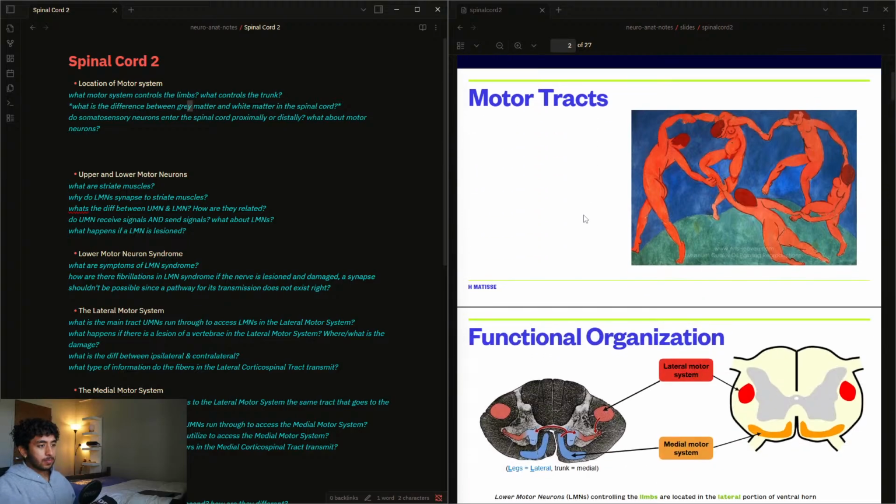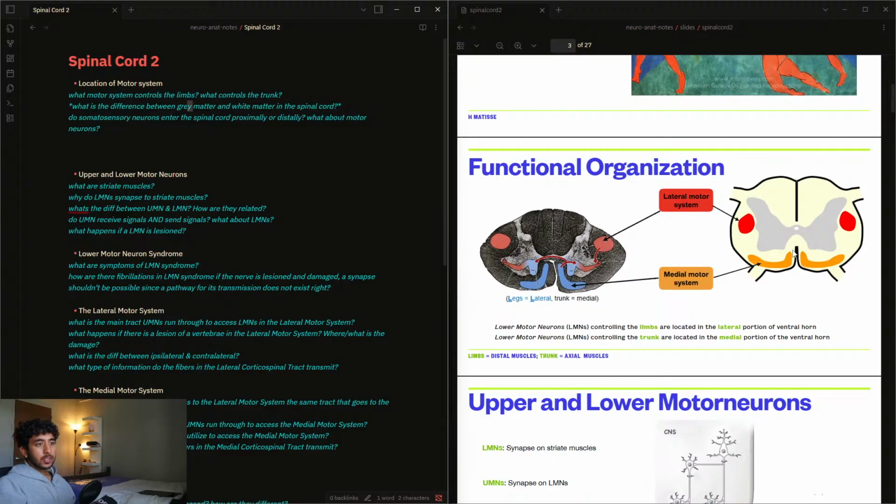So this is the gray matter. The gray matter controls the horns, which is part of the spinal cord. This is a good review.